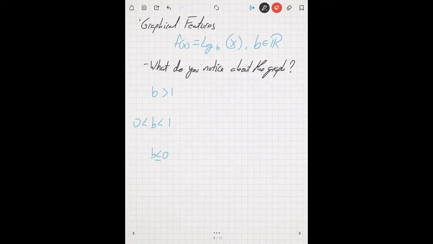So for b greater than 1, we can say that the values for f of x, that's your output values, what you get out of the function, increase as x increases.